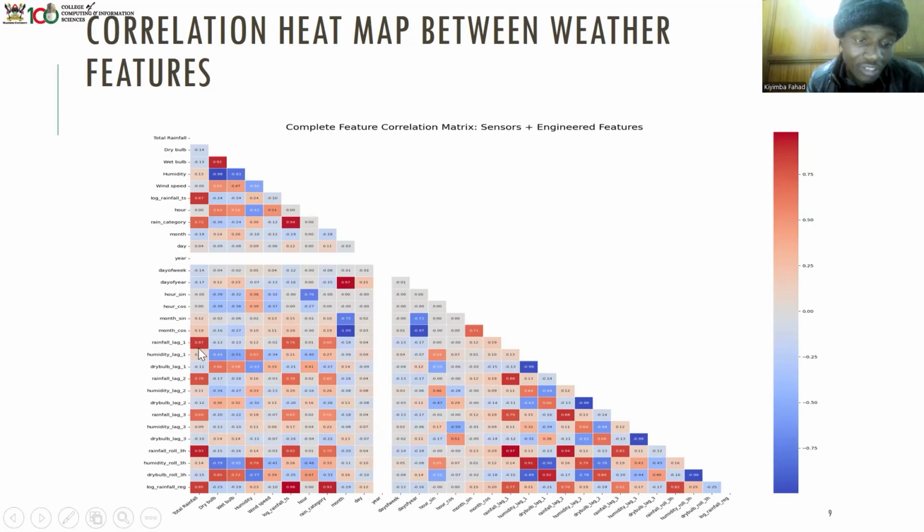This means regressors could perform better than a categorical approach. You could see this is more dark, this is less. The same here.